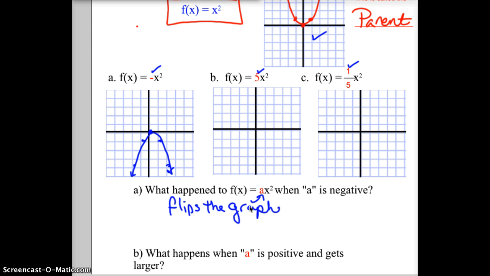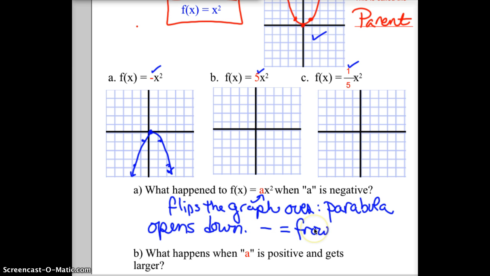And what we say is that the parabola opens down. Down, frown. So think negative equals frown equals opening down.